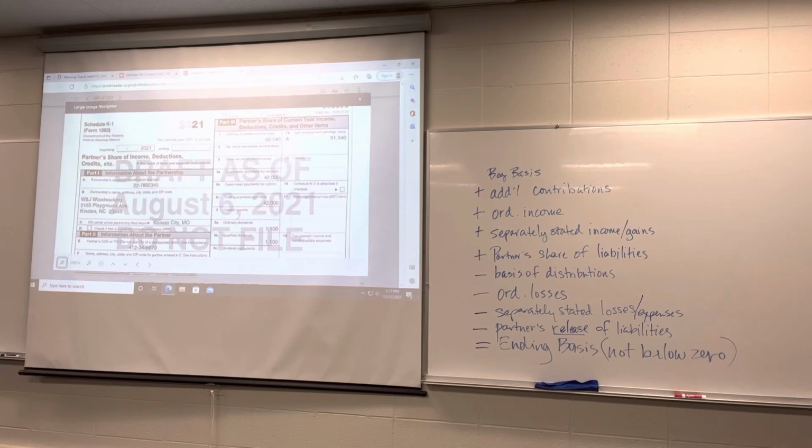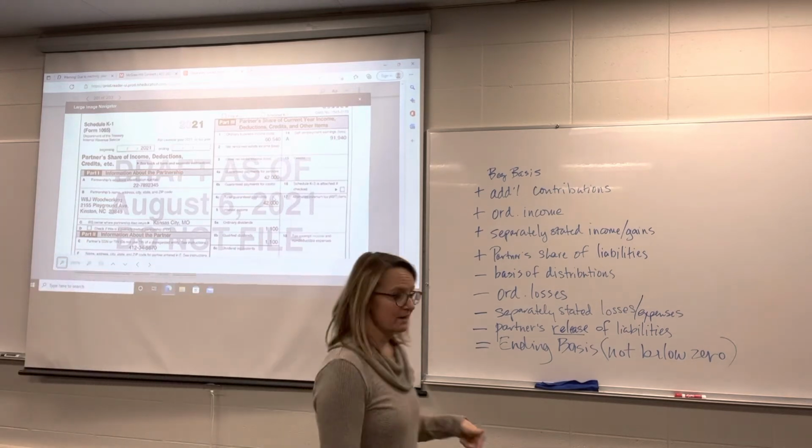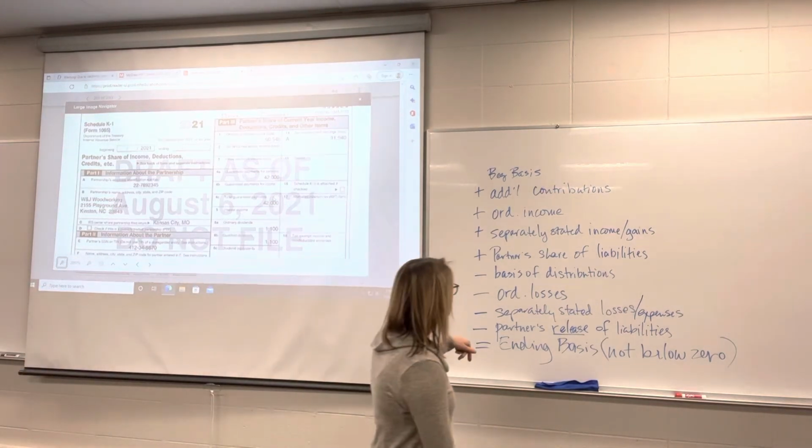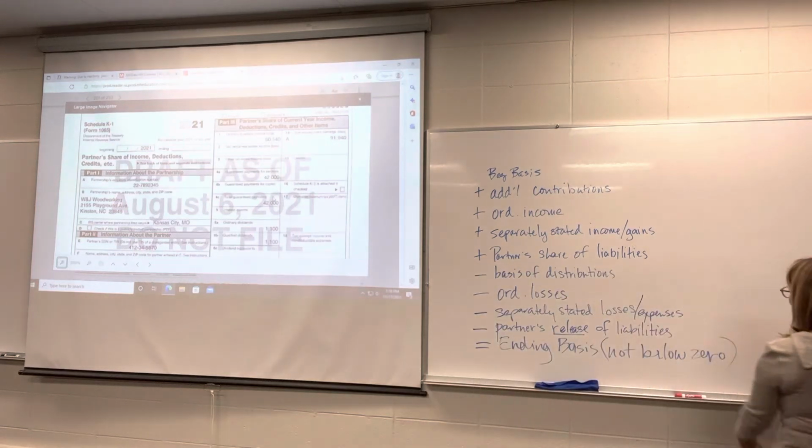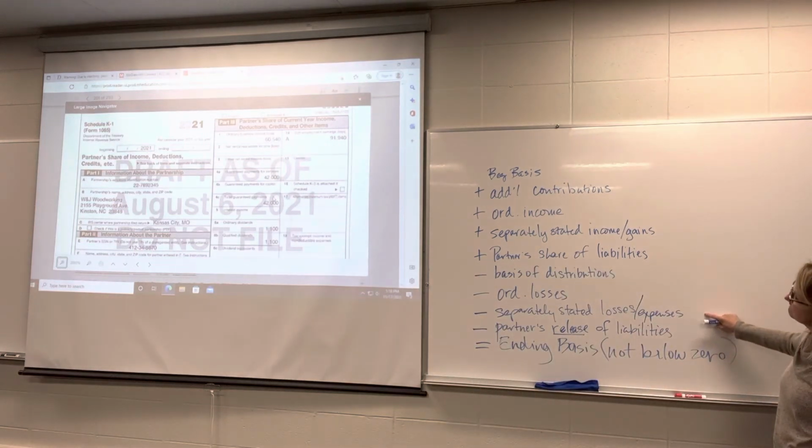Guaranteed payment. Now, this one actually has no effect on basis. It's in and out because it is an expense. The guaranteed payment is an expense. It reduced our ordinary business income, but it's also an income item. So as an expense, it would be subtracted. Did I get that right?